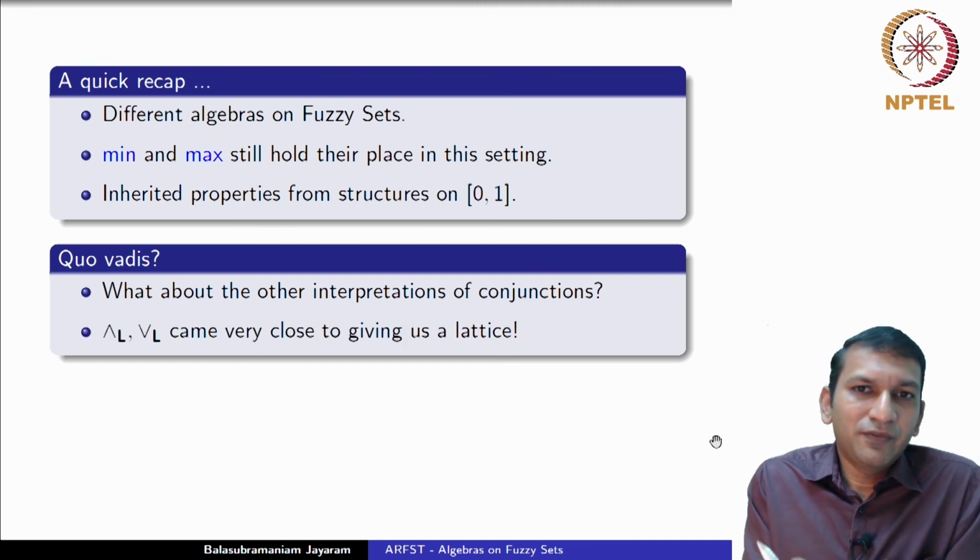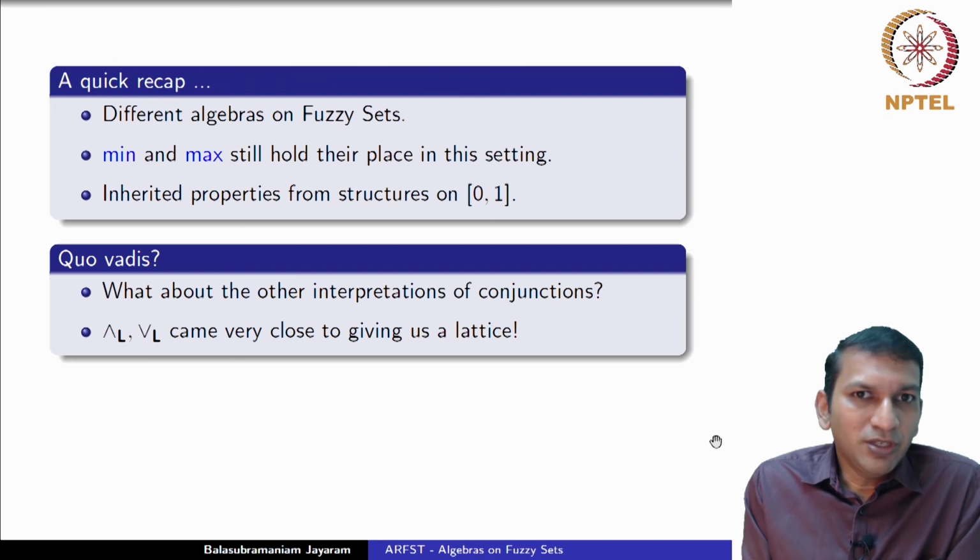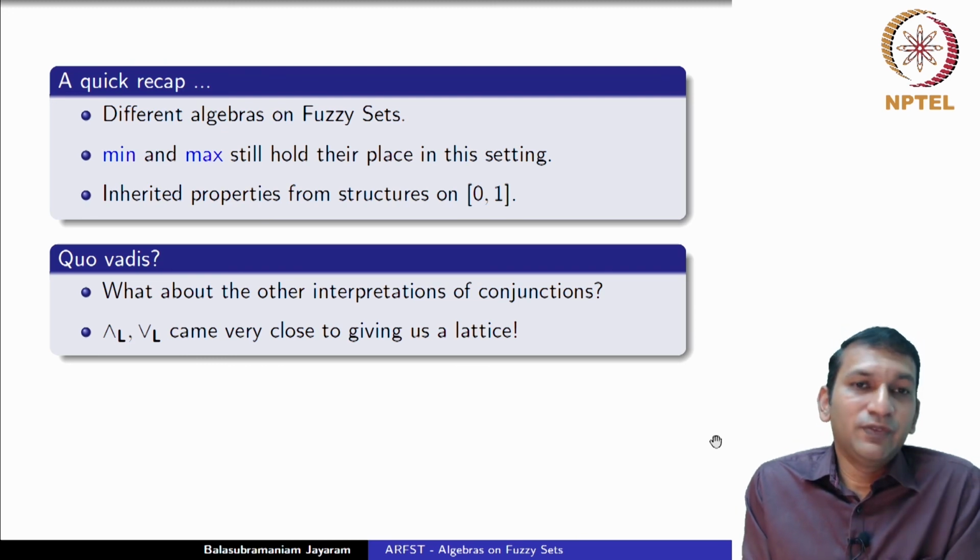Note that the Kupeshwich pair of conjunction and disjunction came very close to giving us a lattice. They enjoyed complementation. They were both commutative and associative. It was only at idempotence they fell. Because they were not giving us a lattice, should we discard them? Well, definitely not. They will help us going forward.